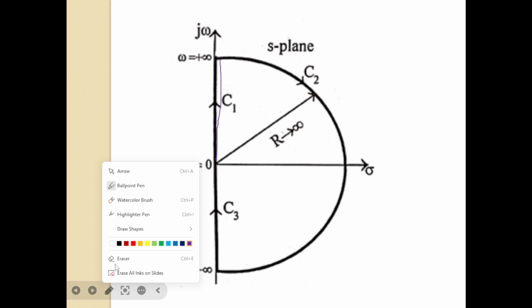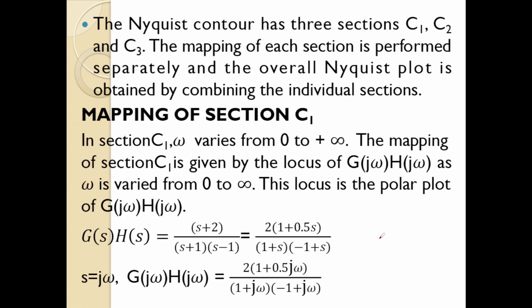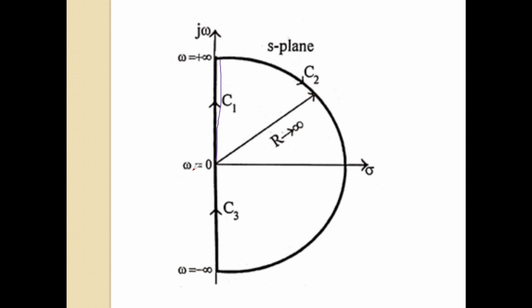So the mapping of section C1. If we observe in this contour, in section C1, omega is varying from 0 to plus infinity. Okay, this is the C1 section part.